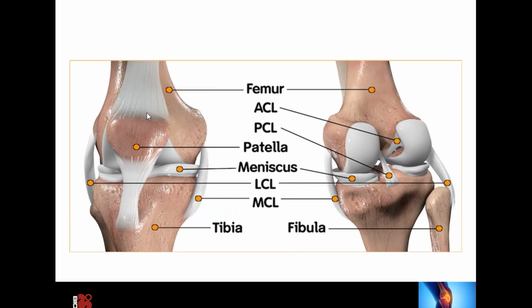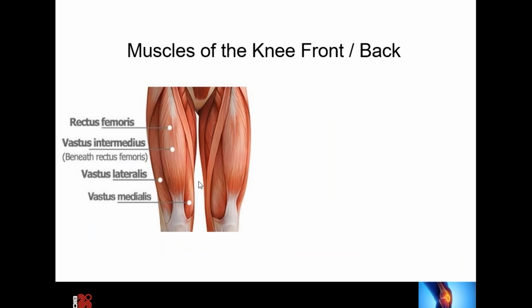At the very top, we have the patellar tendon, which attaches the quadriceps muscle into the top of your kneecap. Internally, you have two important ligaments called the posterior cruciate ligament, or the PCL, and the anterior cruciate ligament, referred to as the ACL.